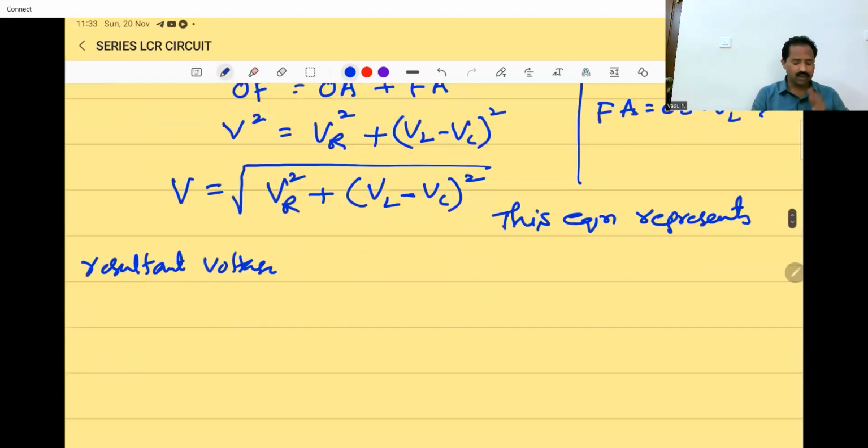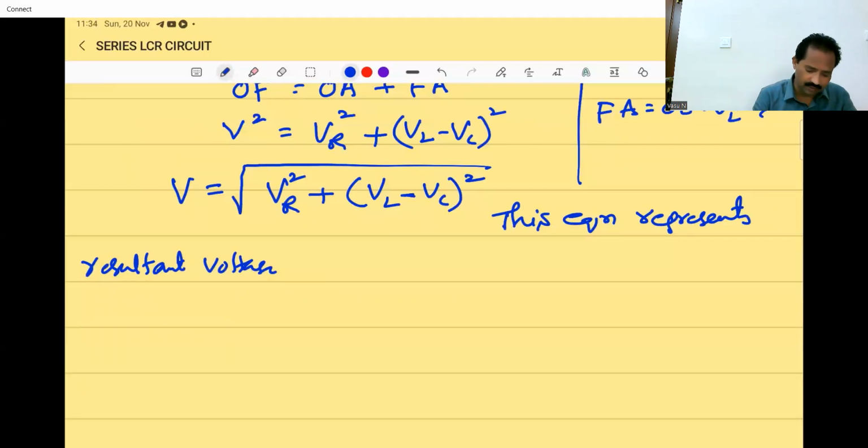Okay. Now we know this. What is VR? VR is the potential difference across resistance. VR is equal to I into R. What is VL? Potential difference across inductance. We can write VL is equal to I into XL. What is VC? Potential difference across capacitance. How can we write? VC is equal to I into XC.